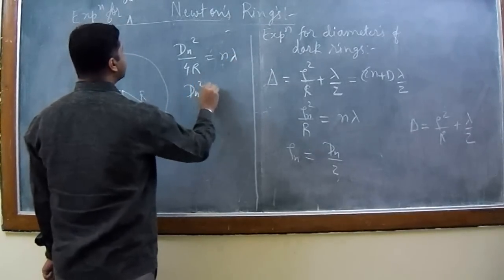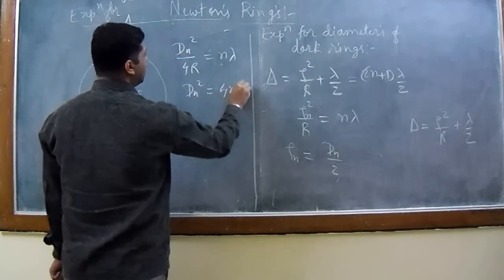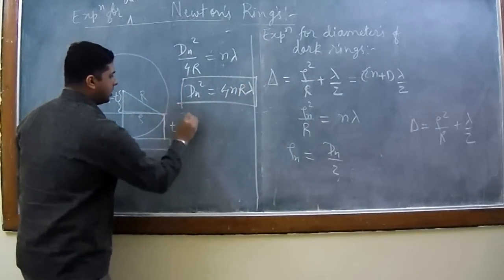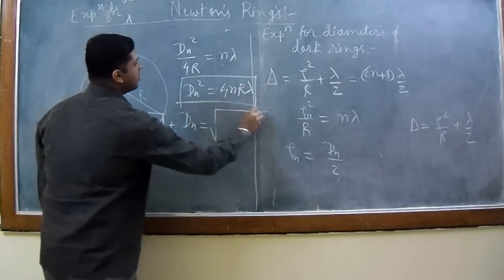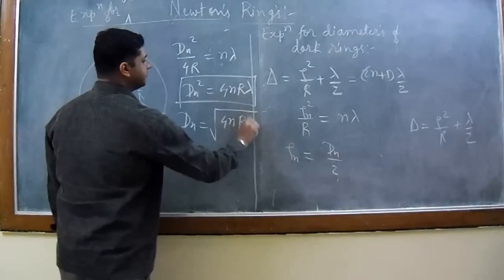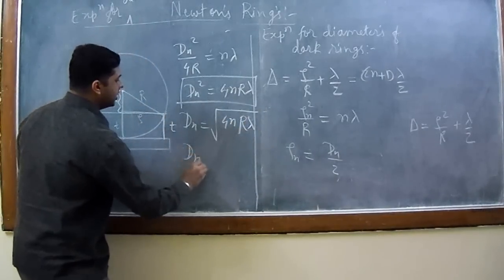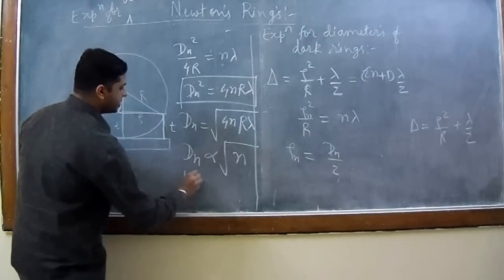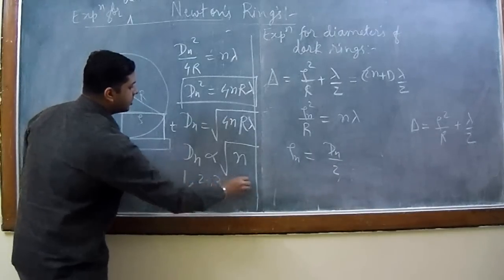So dn square is equal to 4 n r lambda, or dn is equal to square root of 4 n r lambda, and hence dn is directly proportional to square root of n, where n can take values like 1, 2, 3 and so on.